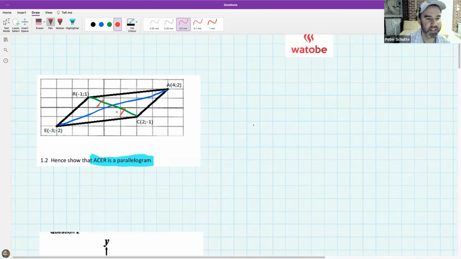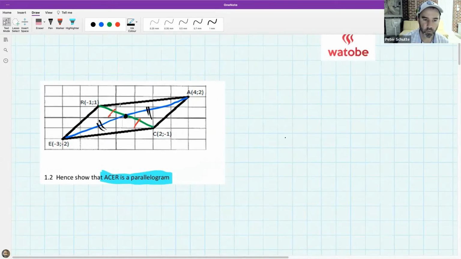So the green one gets cut in half by the blue one, and the blue one gets cut in half by the green one. And the way we show that is we show that both diagonals have a common midpoint. So the midpoint of the green one is the same as the midpoint of the blue one.